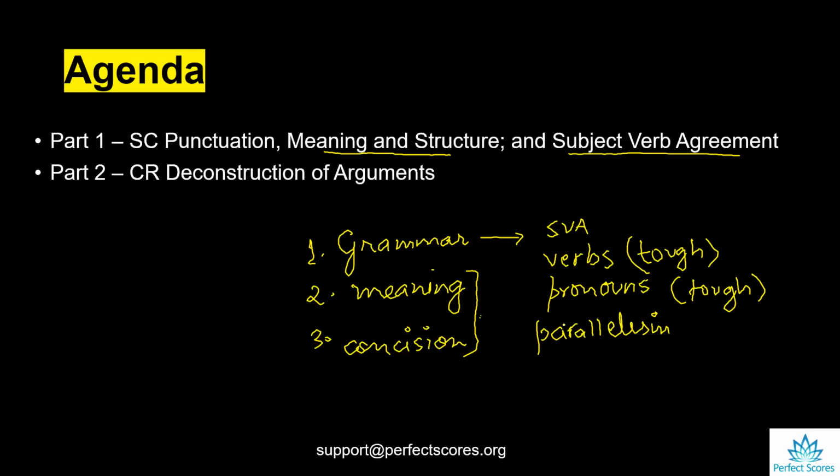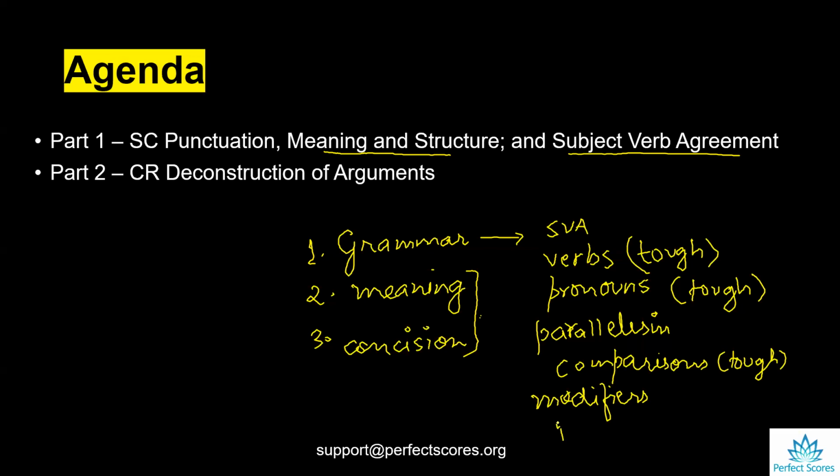These are those questions that look really long and tough, but are actually quite easy. And then there are errors related to comparisons. Again, these are the ones where you get more of the tough questions. And then there are modifiers, which can also get tough. But again, I believe that these are also easier to identify.